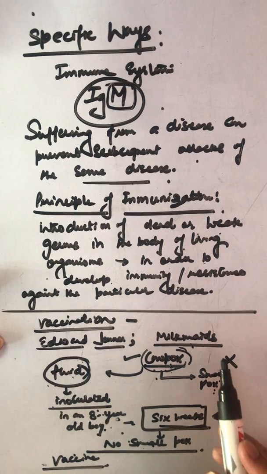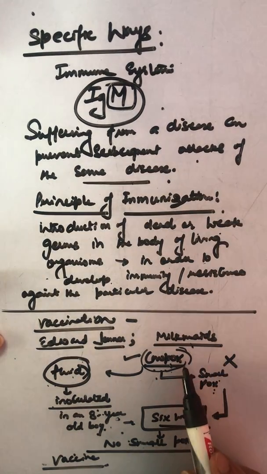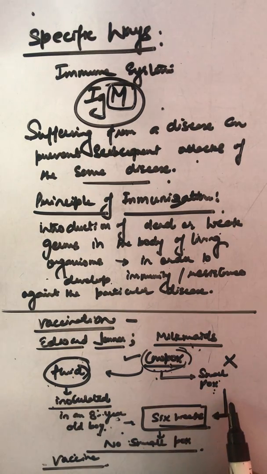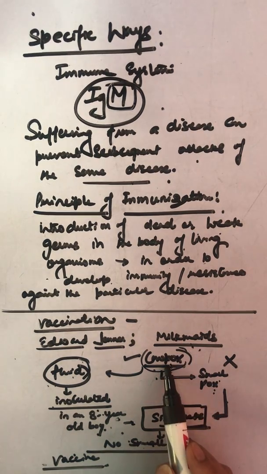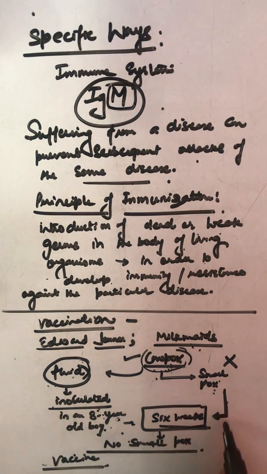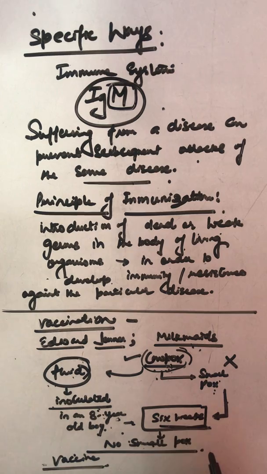Understood? So what he did: he chose milkmaids who had cowpox and did not develop smallpox, took the fluid from the cowpox infected person, and inoculated it in an 8-year-old boy. After 6 weeks, he exposed the boy to smallpox, but the boy did not develop any symptoms.